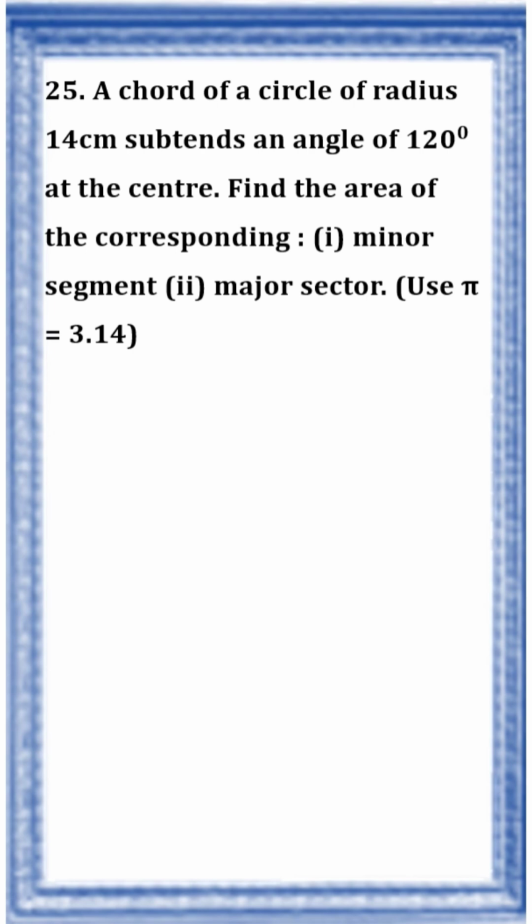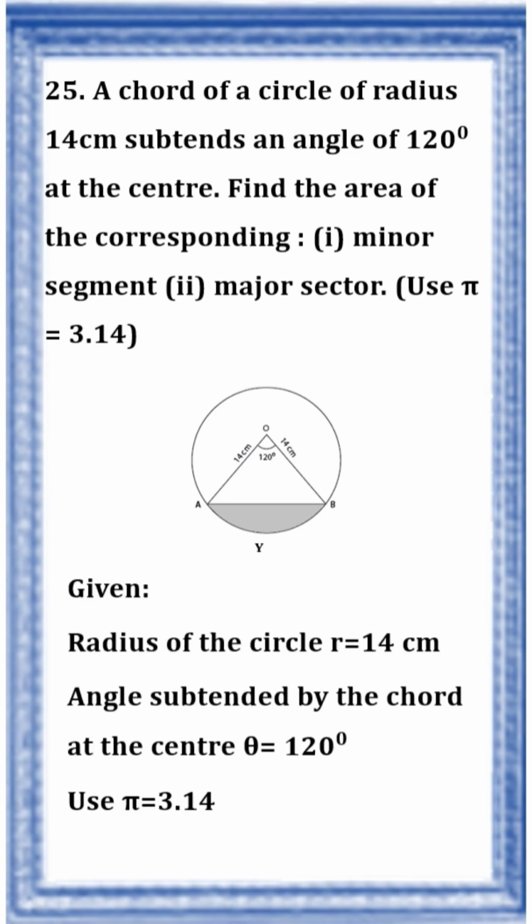Now let us have a figure to visualize the problem. Here we have to find the area of minor segment. Minor segment means ABY, and the area of major sector, whole this thing, we have to find out.